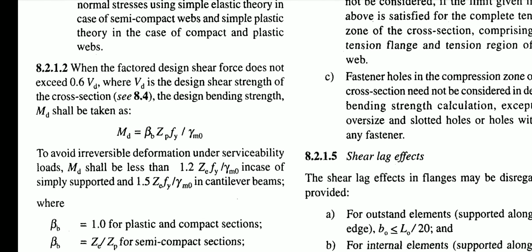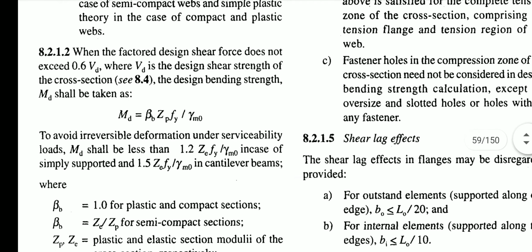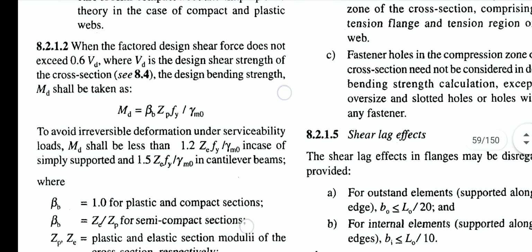Now, to avoid irreversibility of deformation under serviceability load, Md shall be less than 1.2 Ze fy divided by gamma m0 in case of a simply supported beam. So here we have two conditions, one is simply supported and one more is cantilever beam. If it is a simply supported beam, it should be less than 1.2 Ze fy by gamma m0.